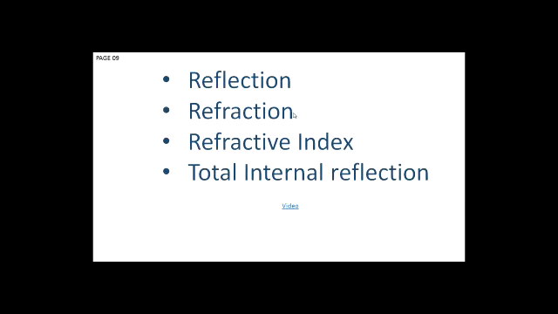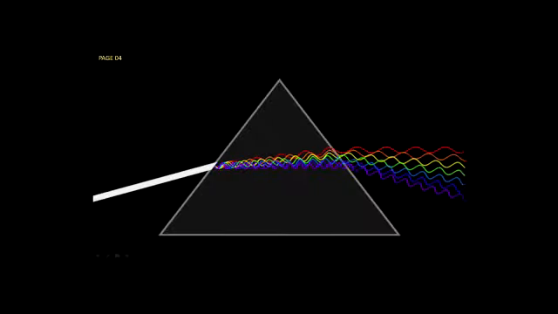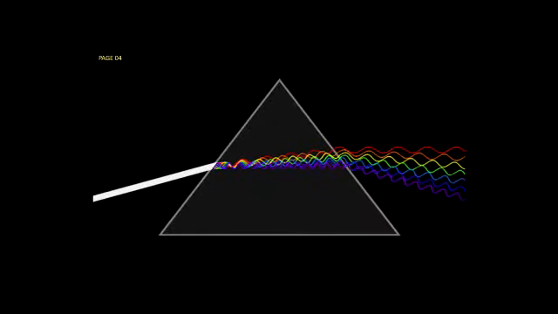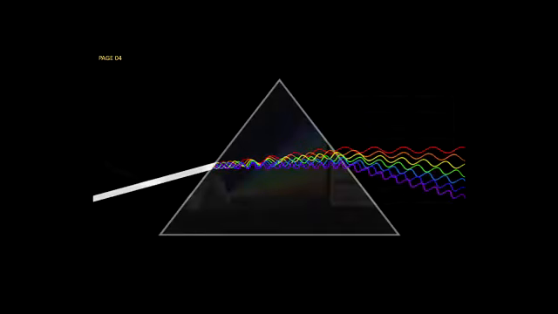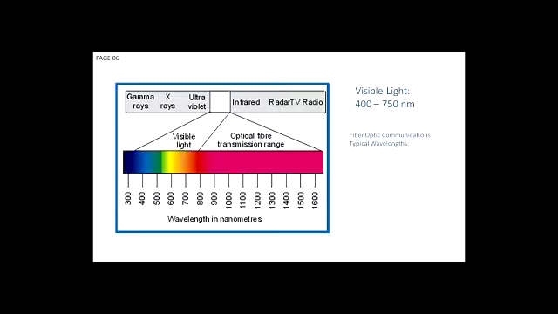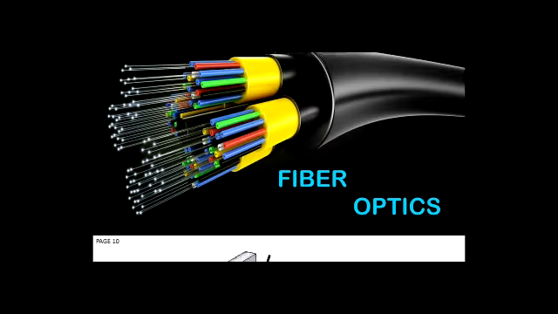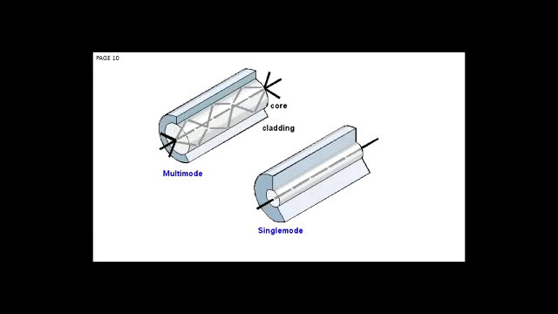Refraction in fiber optics is something that is bad. It's basically a leakage. Now, where would the refraction happen? Okay, so let's say we have a straight link. Okay.